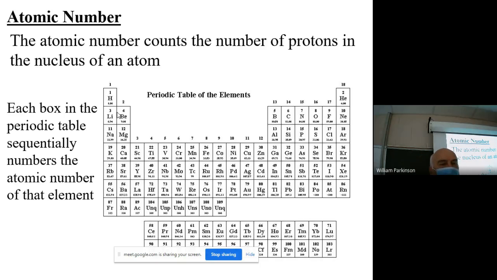Now, each box in the table, and there's about 115 boxes in the table I have in the room and the table I'm showing on this slide, are both dated. They are not the absolute latest periodic tables. The latest periodic tables go all the way across the row that's incomplete at the bottom. They go out over to element 114. So that's where we are now.